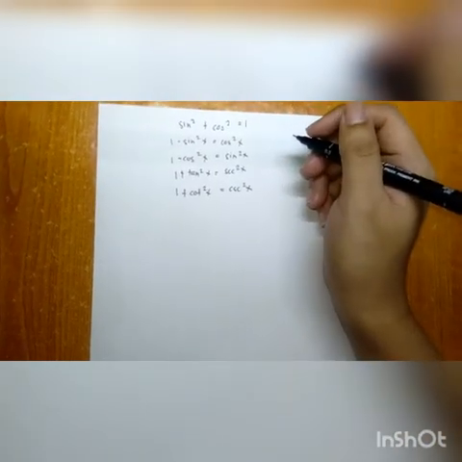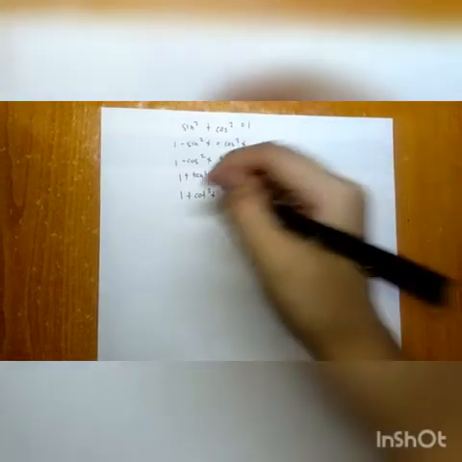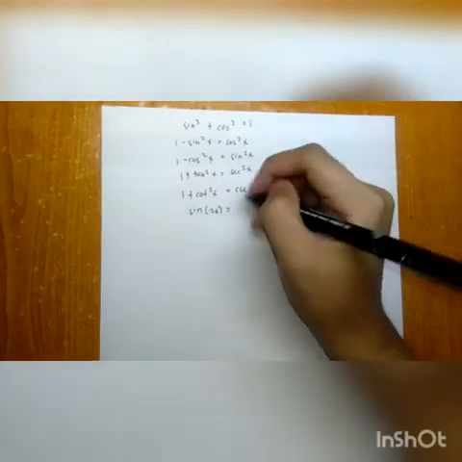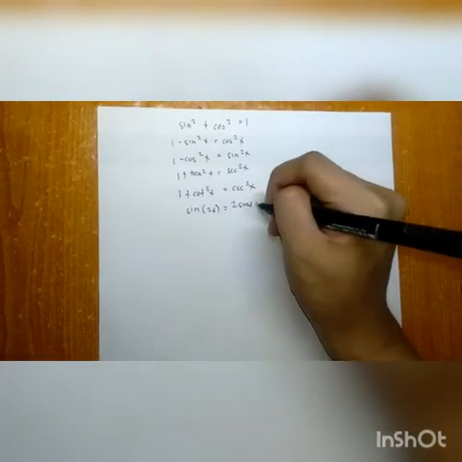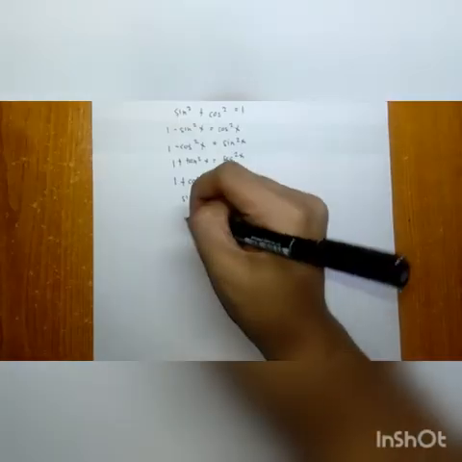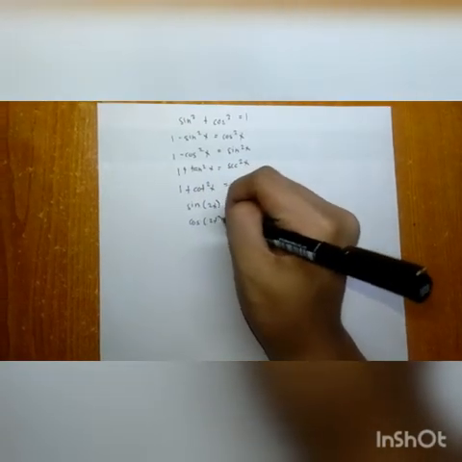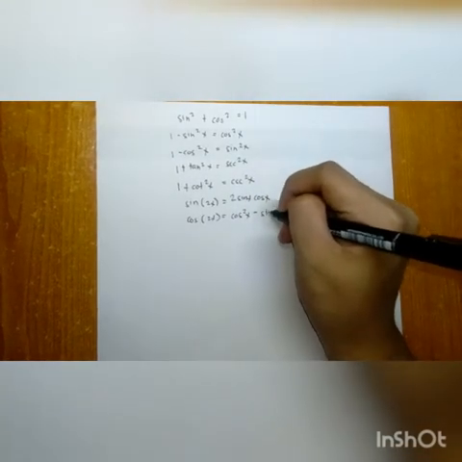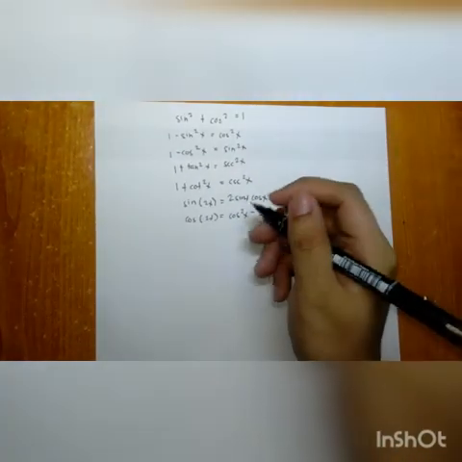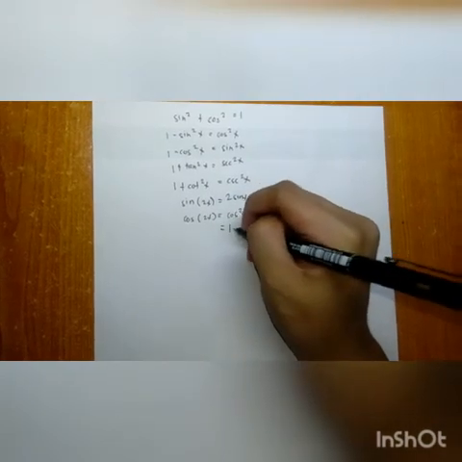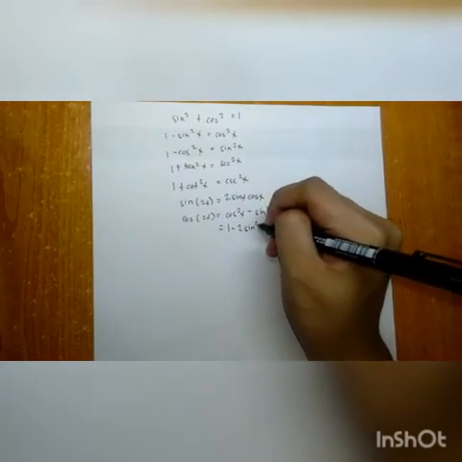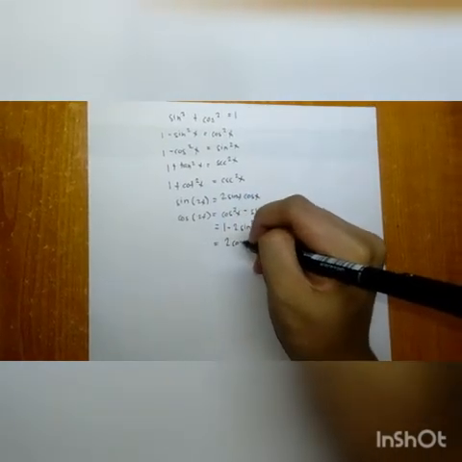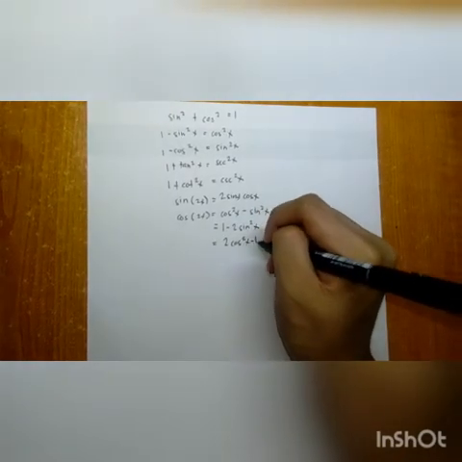Now, we also need to know some double angle identities, like sine of 2x is equal to 2 sine x cosine x, and cosine of 2x is equal to cosine squared x minus sine squared x. It can also be equal to 1 minus 2 sine squared x, and 2 cosine squared x minus 1.